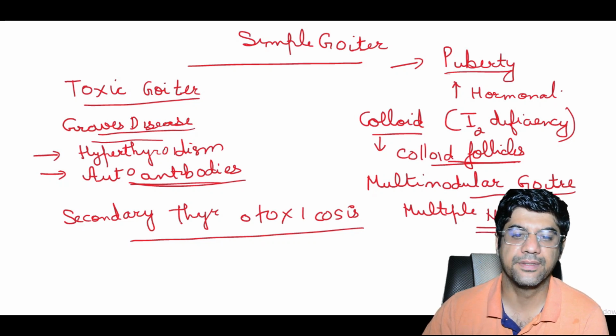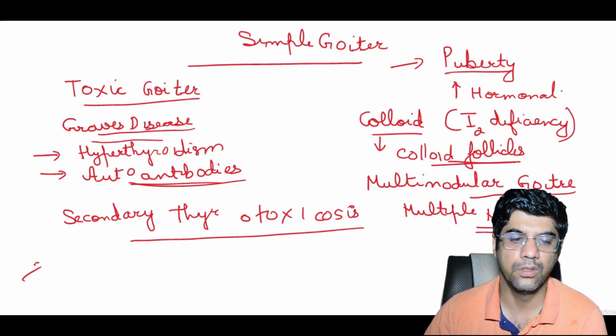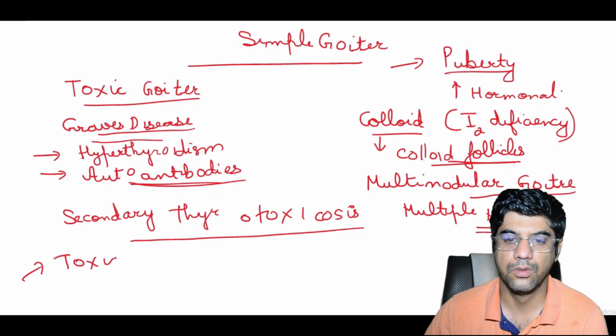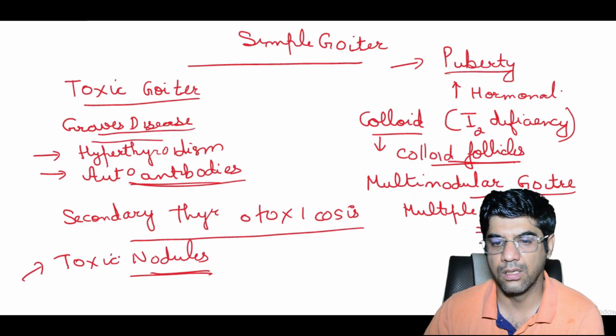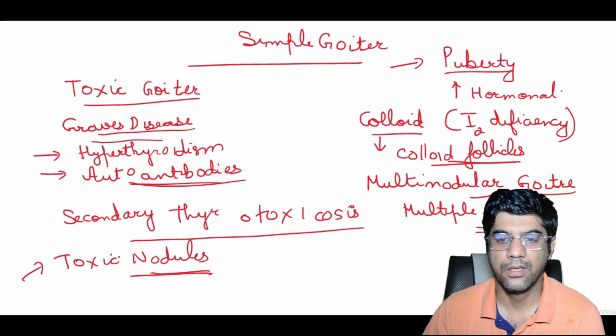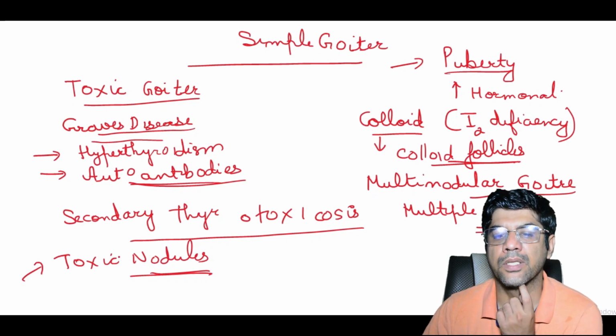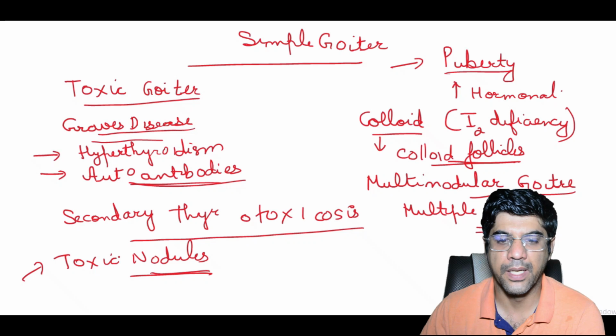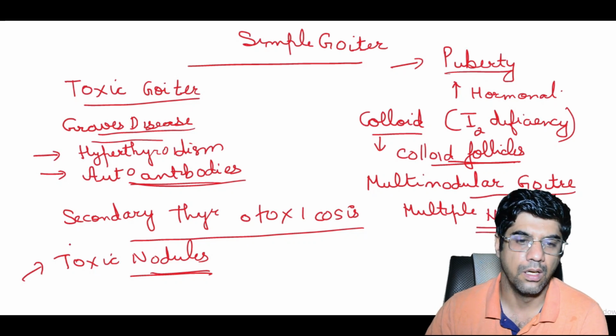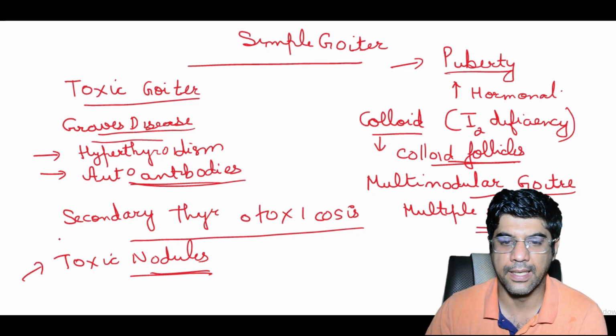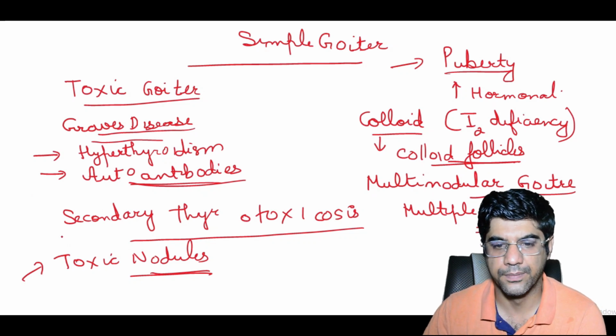Other type is toxic nodule, that is a single autonomously functioning nodule that can cause hyperthyroidism. It may occur with the nodular goiter, or it acts as a solitary toxic adenoma.